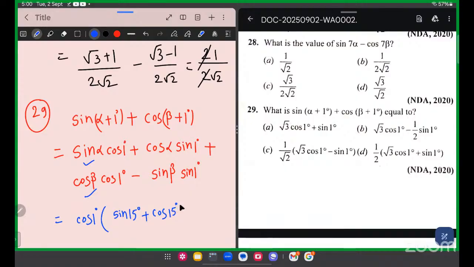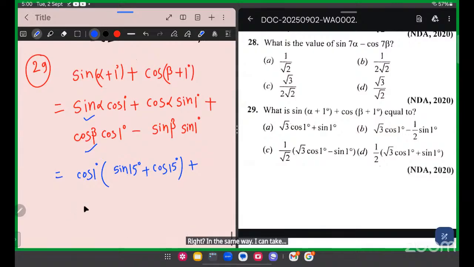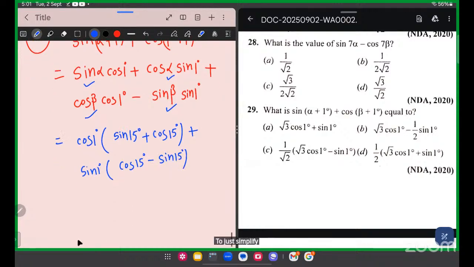In the same way, I can take sine 1 degree common from these two terms. So it will be cos 15 minus sine 15. Just simplify it, you'll get the answer.